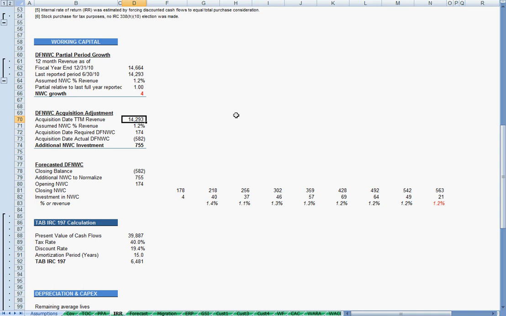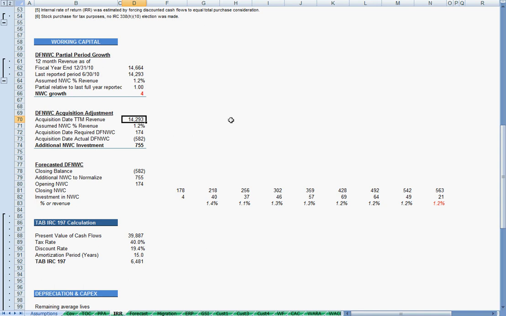If the balance sheet has too much net working capital relative to the operations that the company is running, then the acquirer can cash in and reduce the net working capital and reduce the cost of the acquisition. If the target has too little net working capital, then we have to make an additional investment in the balance sheet of that company, and so the acquisition becomes more expensive.